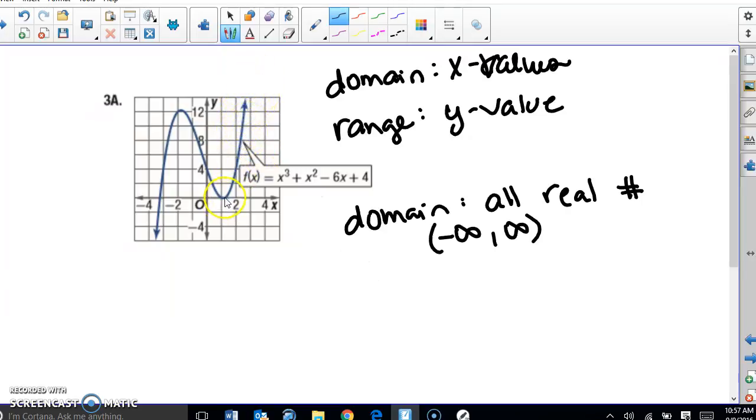And even though we have a minimum value here, because this is continuing on, our range is also going to be all real numbers from negative infinity to positive infinity.